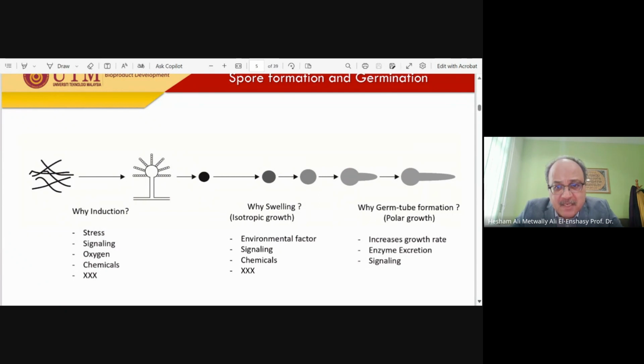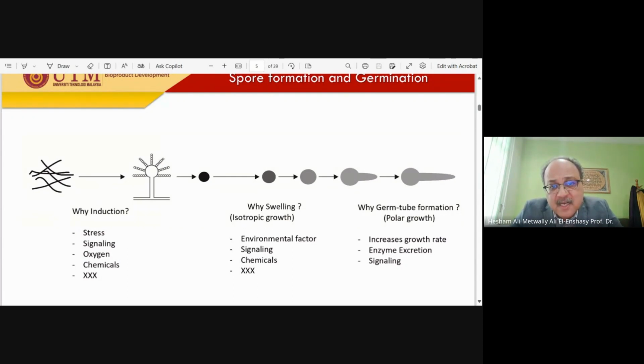If I put in some minerals, I induce sporulation straightforwardly, or some nutrients. We know it's stressing. Oxygen is required for sporulation of those aerobic microbes or those asexual reproduction spores, like in Aspergillus groups. And then we go for isotropic growth.